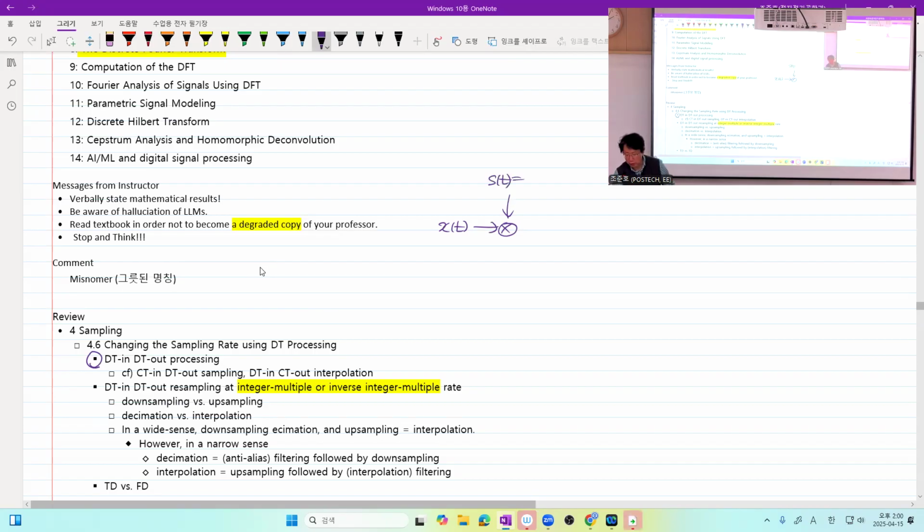Here goes the so-called sampling function, an impulse train. And then you have a continuous time sampled signal, x_s(t). And then here comes a strange box called impulse train to DT signal.